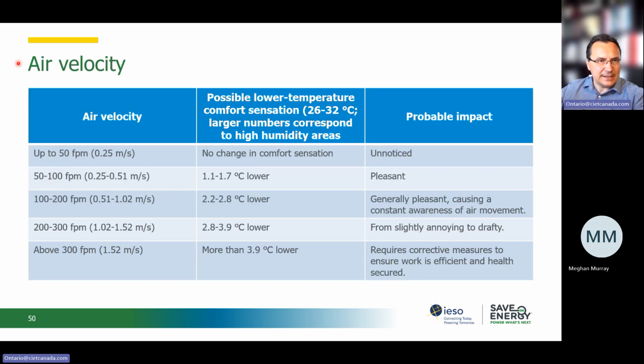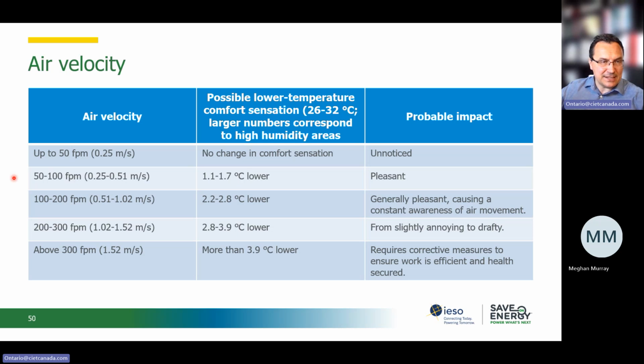Air velocity is a parameter that we try to keep for perception of comfort. I mentioned that higher velocity creates a perception of draft. So for areas where activity levels are low, like let's say a library or an office, we may want to have a low velocity of the air. Less than 50 feet per minute would not even be noticed.